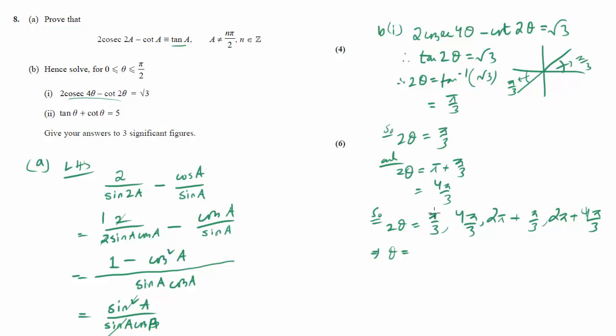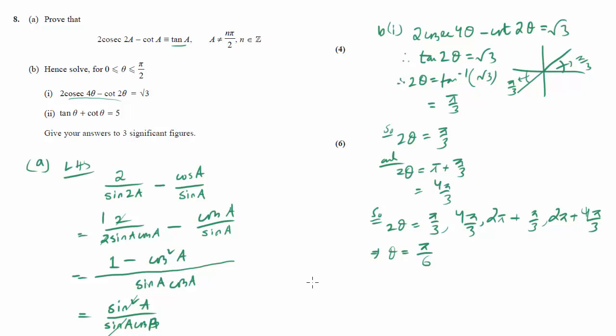First of all, theta is pi by 3 divided by 2, which is pi by 6. The range has to be less than pi by 2, so the coefficient has to be less than half. 1 by 6 is less than half. Then 4 pi by 3 divided by 2 is 4 pi by 6, which simplifies to 2 by 3, more than half. We cannot take this, so the only answer would be pi by 6.